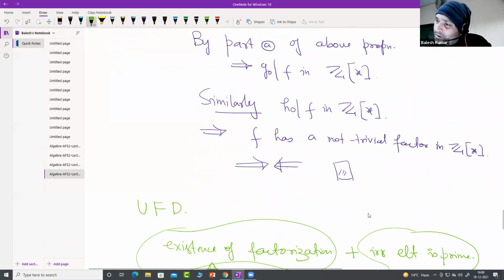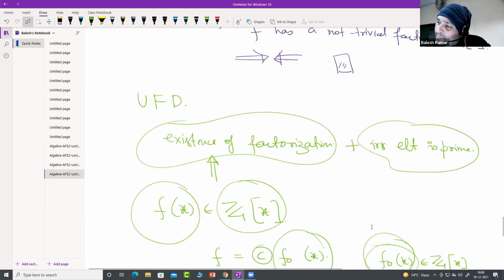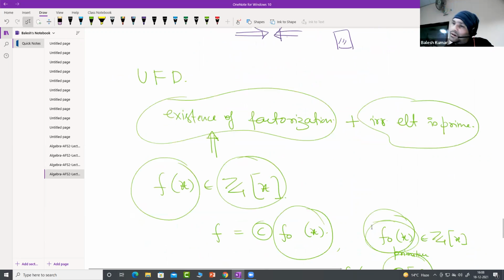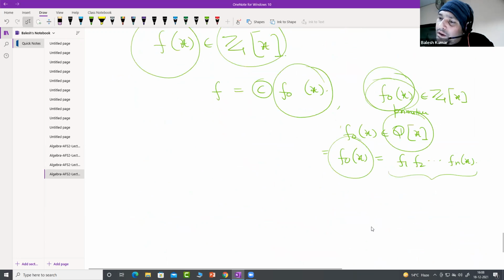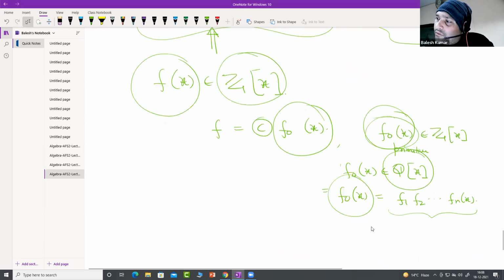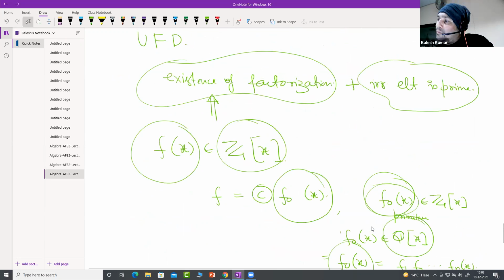So you do get a factorization inside Z[x], and the only thing we need to ensure is that every irreducible element of Z[x] is in fact a prime element. Therefore our aim now is to classify all the irreducible elements inside Z[x], that is, whether every irreducible element is a prime or not.